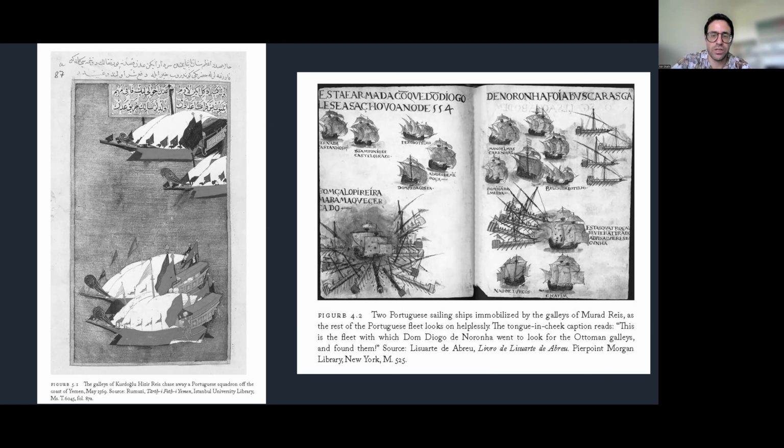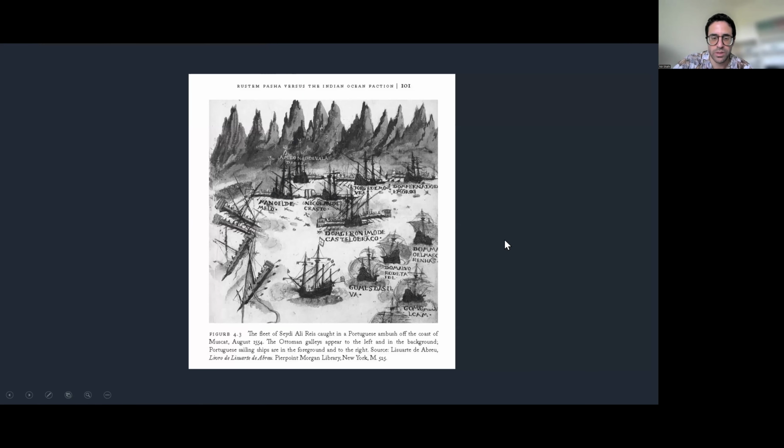Why is that? Ottomans always preferred using galleys, which were pushed by rowers, because it allowed greater flexibility, more movement, more nimbleness in naval battles. And this was often the case in the Mediterranean, where the wind was less reliable or dependable.